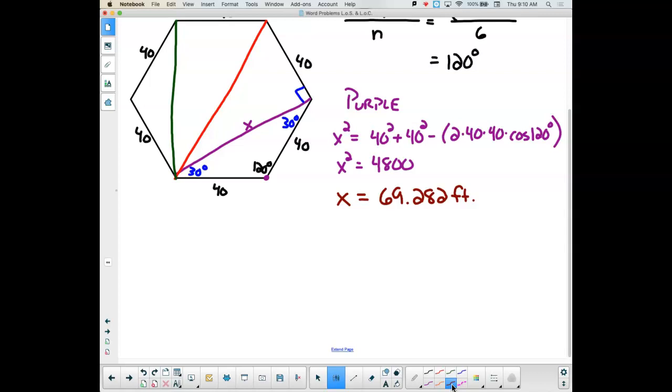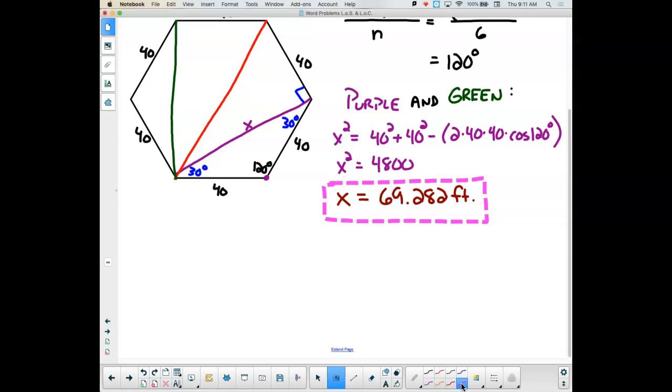Okay. What else is 69.282 feet? The green. The green is. Yep. Okay. So now we know that x is 69.282 feet. We said that the purple, black, red triangle is a right triangle.